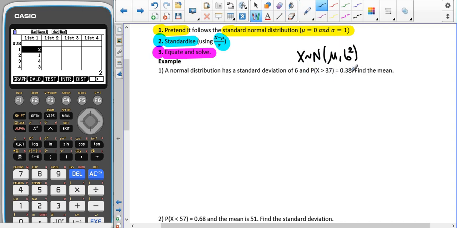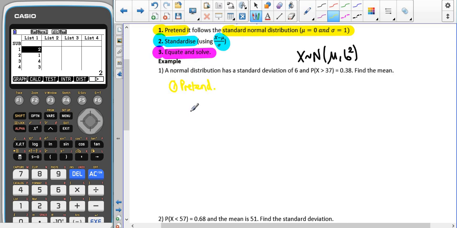Now, sometimes this probability might be given in words, so where 38% of the data exceeds 37, that'd be a way that this could be written in words. But for now, we've got P of X being greater than 37 is 0.38, and we're trying to find the mean.